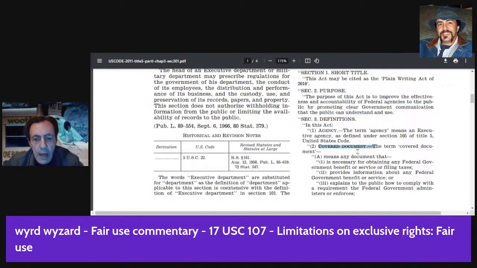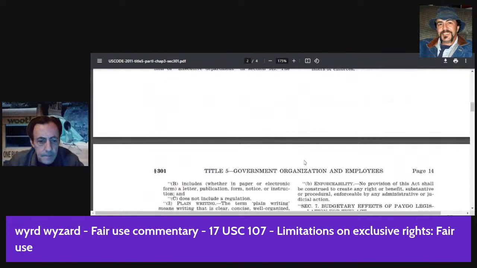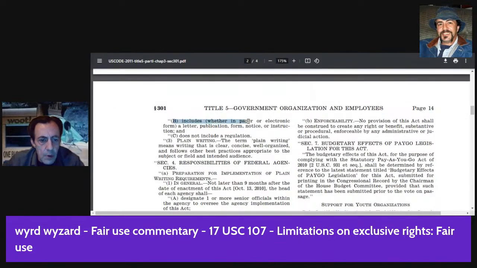The term covered document means any document that is necessary for obtaining any federal government benefit or service or filing taxes, provides information about any federal government benefit or service, explains to the public how to comply with a requirement the federal government administers or enforces, includes whether in paper or electronic form, a letter, publication, form, notice, or instruction, and does not include a regulation.